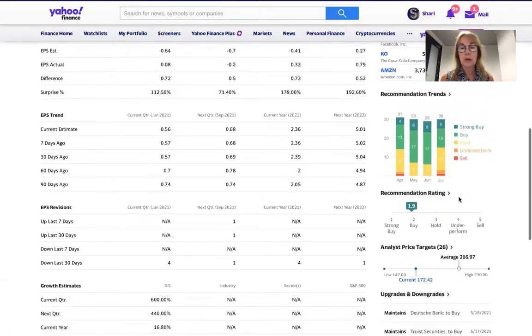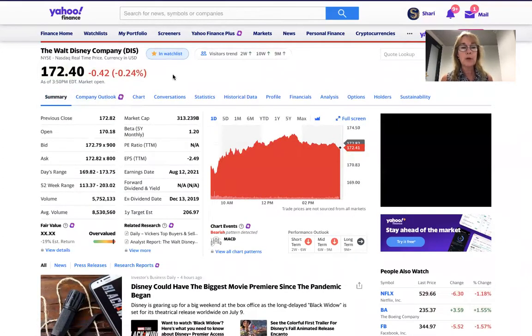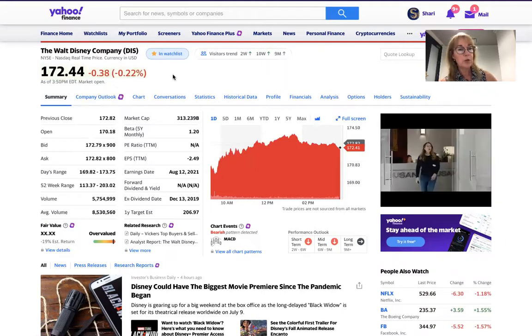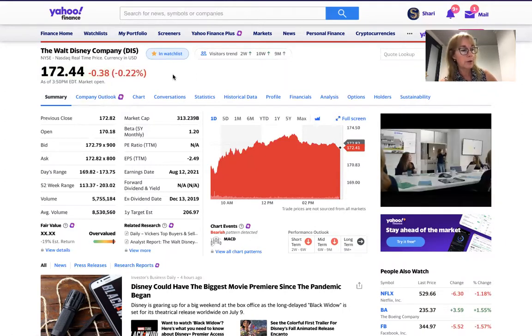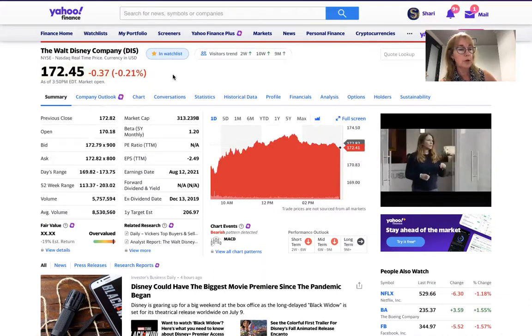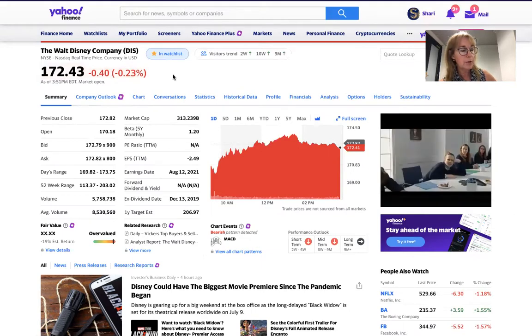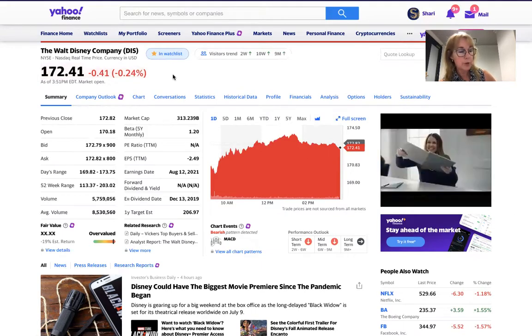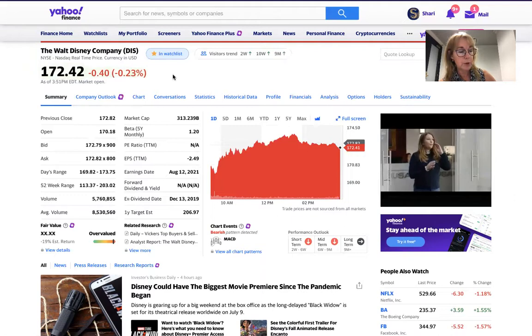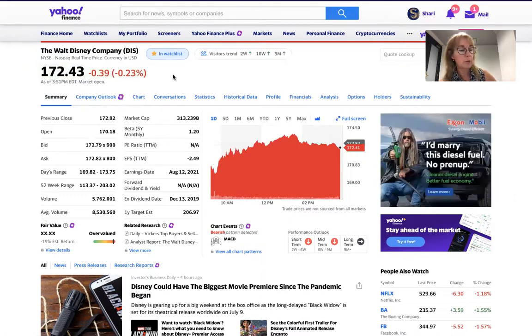return. Okay, so let's go back to the summary page, right? And let's calculate the required return for Disney. I'm going to use that formula of K or R, the required return. So the required return is going to equal the risk-free rate of 3%, plus the market return that I'm assuming is 12%, minus 3%, times the beta of 1.2.